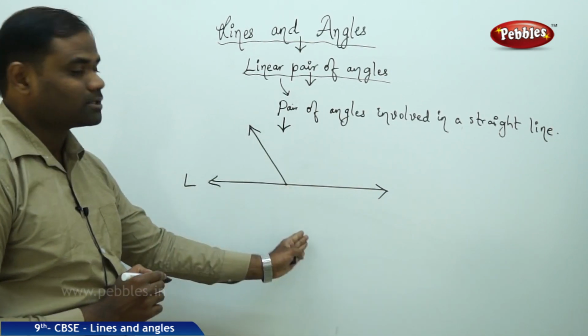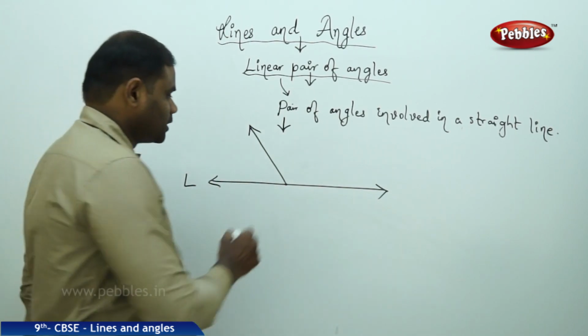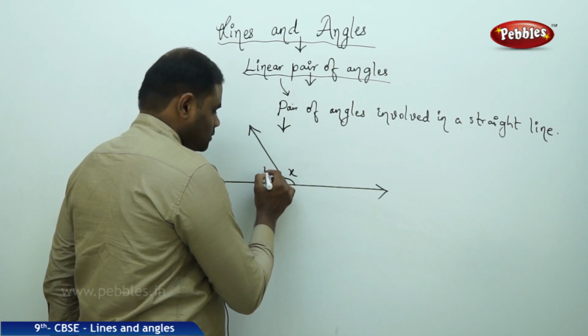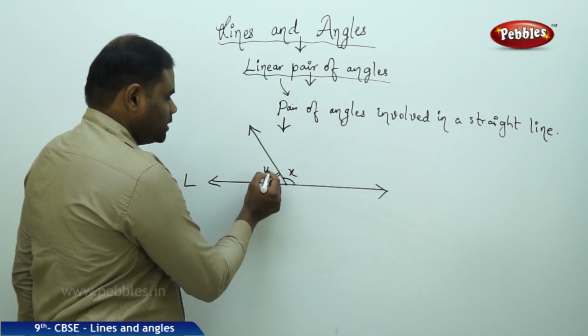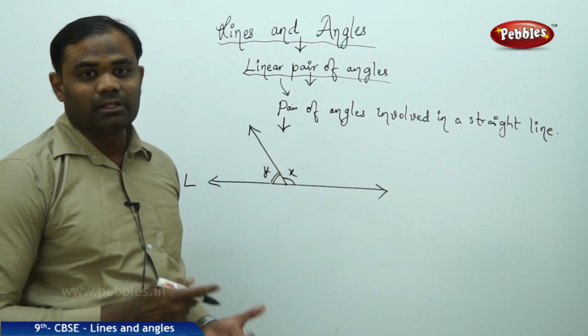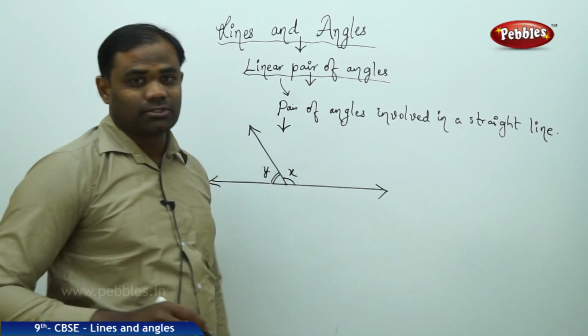When it intersects the straight line L out here, it makes two angles, X and Y. So in such case, we clearly see this pair of X and Y to be the linear pair because these two angles together make a straight line.